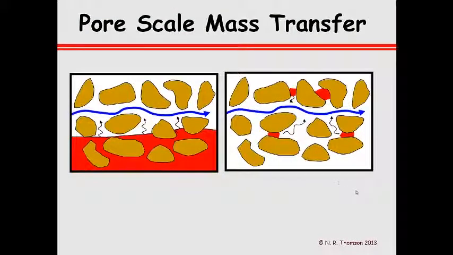Now when we go to the pore scale, where we would have, let's say, a mobile air phase in blue here that would then pass by the grains, or the advective pathway, as such that it would come close to the red here, which is non-aqueous phase liquid in the pore space.